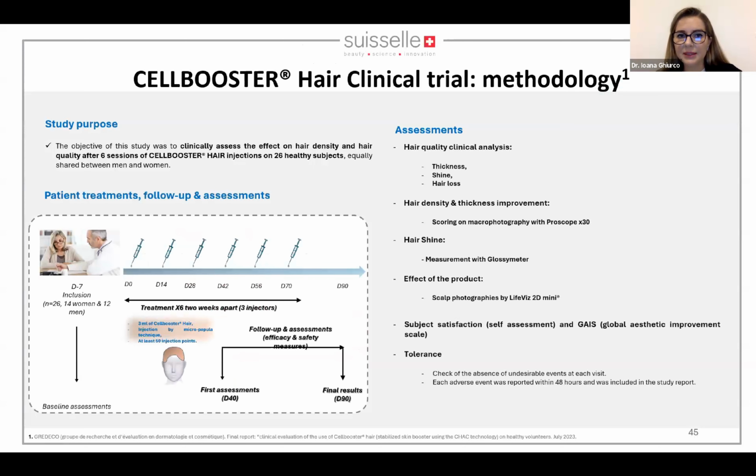This clinical study assessed the effect on hair density and hair quality after 6 treatments of Cell Booster Hair injection. The evaluation was done at the beginning, before injecting the product, at 40 days, so after 3 treatments, and at 90 days. The next slide.